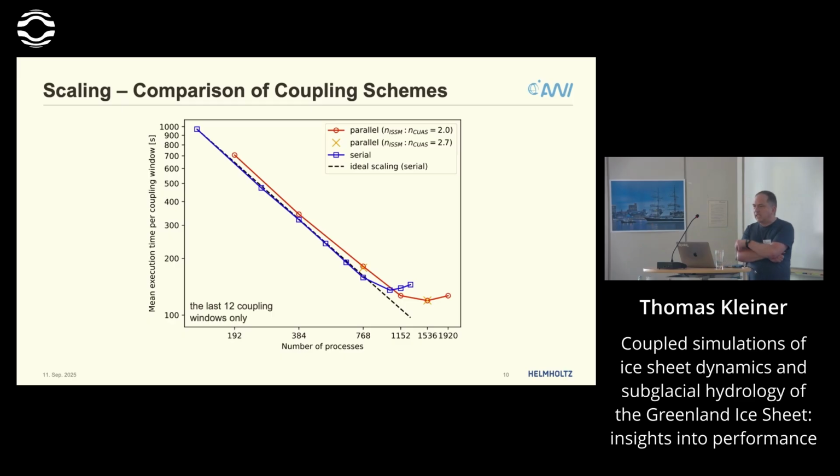On the axes, you see the number of processes, and on the left is the time. The red line is the parallel coupling, and the blue is the serial. You can clearly see that the serial is always a little faster than the parallel coupling, but the parallel coupling scales a little longer to a higher number of MPI processes.